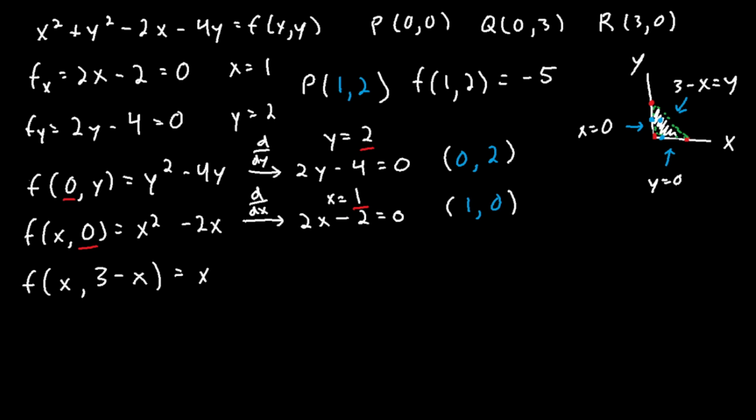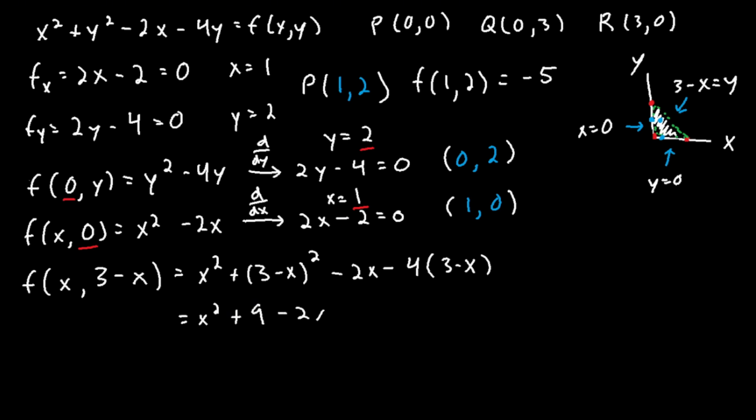Well, you get x squared plus (3 minus x) squared minus 2x minus 4(3 minus x), and this is just more algebra, which is absolutely irritating, but if you expand all this, you get this, plus x minus 2x minus 12 plus 4x.